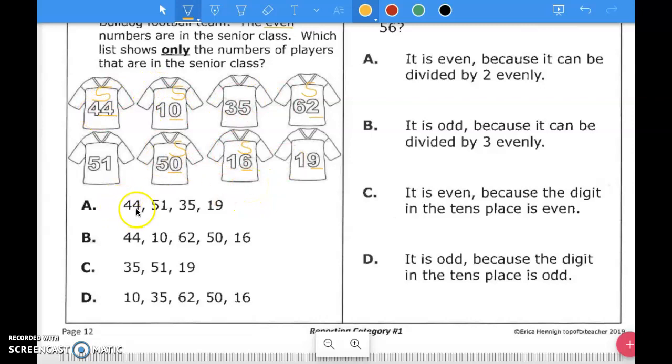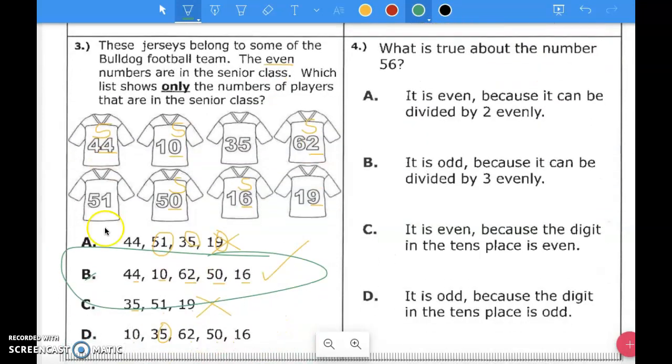So 44, 51, okay, this is not senior class, so this is incorrect. 5 is not, 9 is not even. 4 even, 0 even, 2 even, 50 even, 6 even, okay? 5 odd, odd, and odd. This is not okay. Even, this is odd, this is even, even. So what is my right answer? This one right here, letter B.